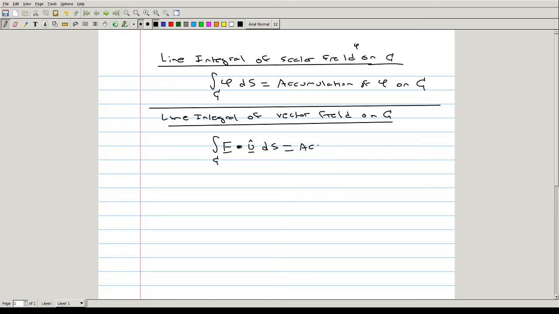This is the accumulation of the vector field f in the direction of u hat along C.